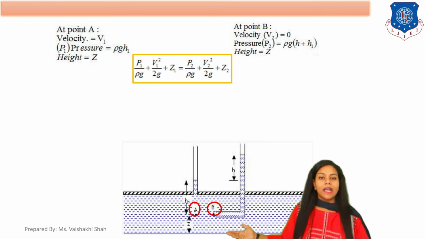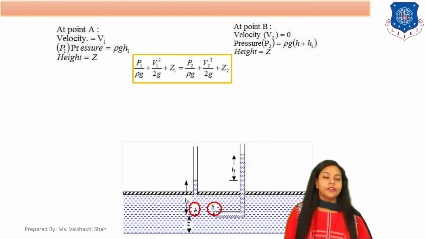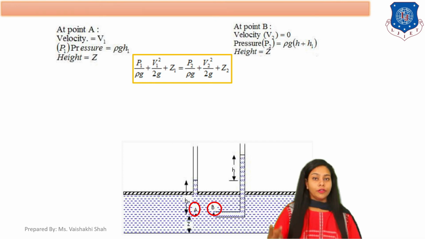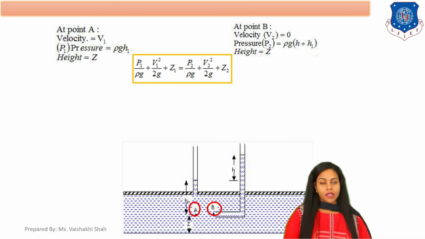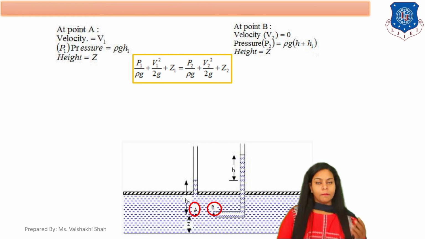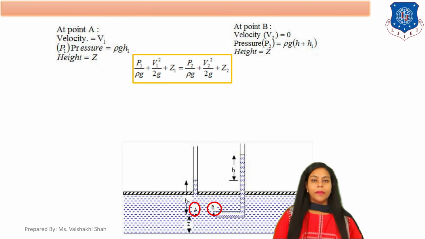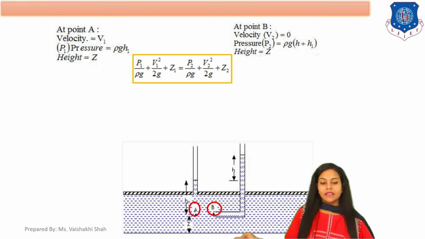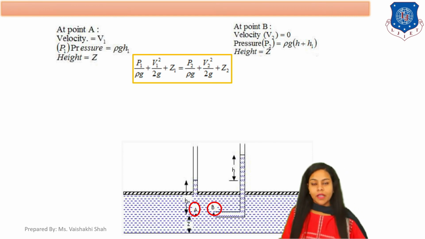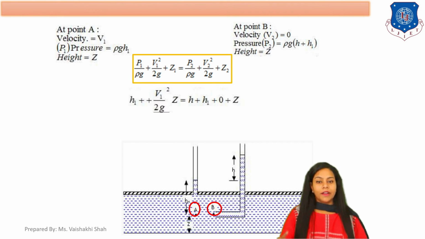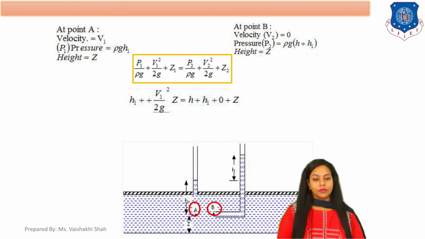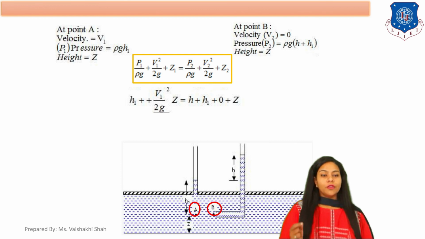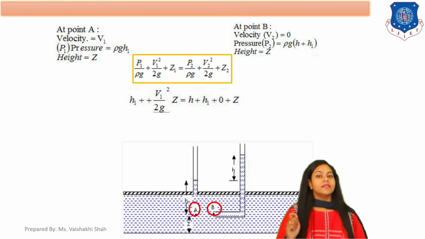Now applying Bernoulli's equation for two sections: P1 upon rho g plus V1 square by 2g plus Z1 equals P2 by rho g plus V2 square by 2g plus Z2. Here Z1 and Z2 are both the same, so they cancel. So P1 by rho g, which is H1, plus V1 square by 2g equals P2 by rho g, that is H plus H1.